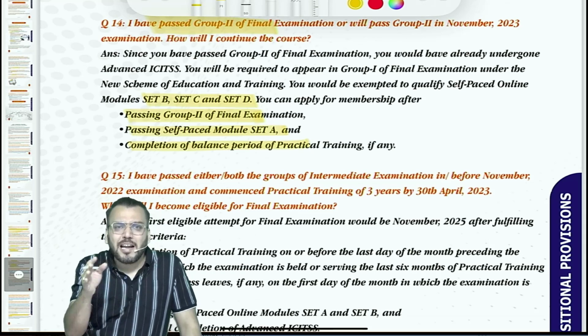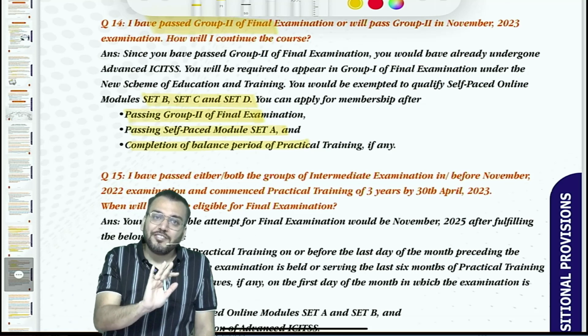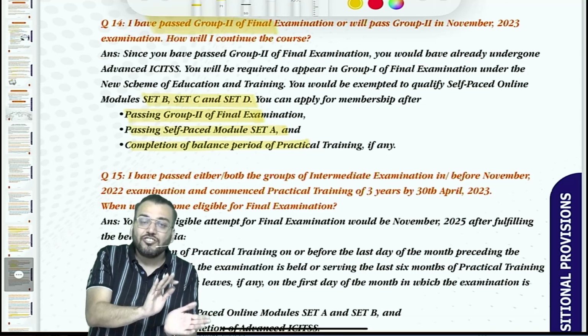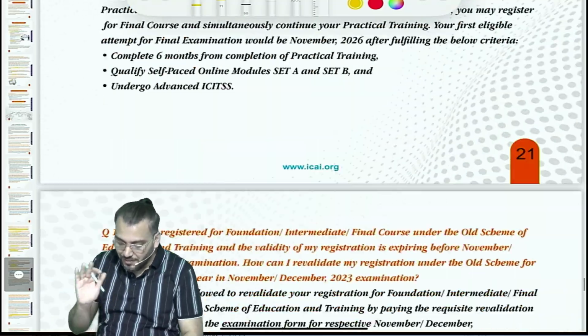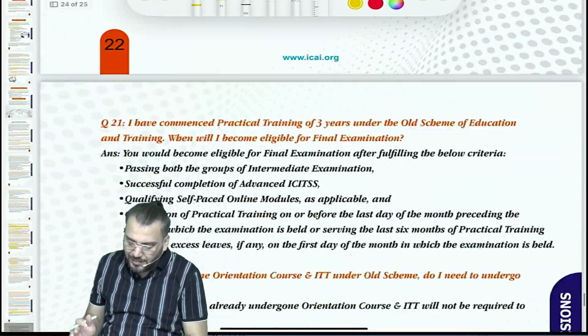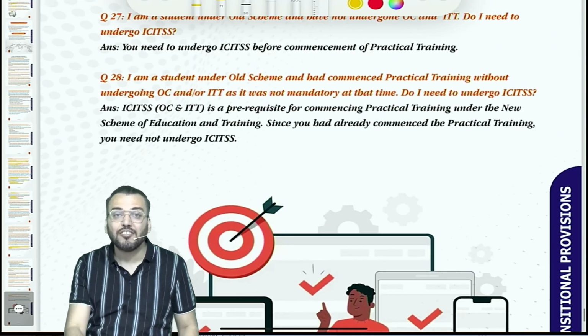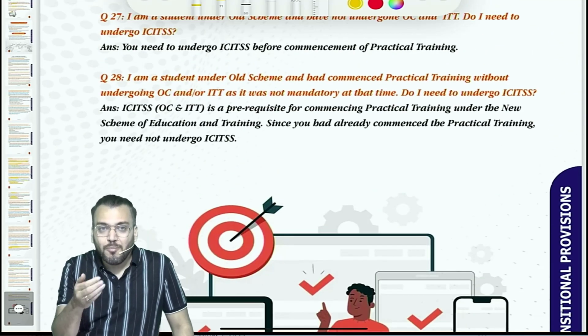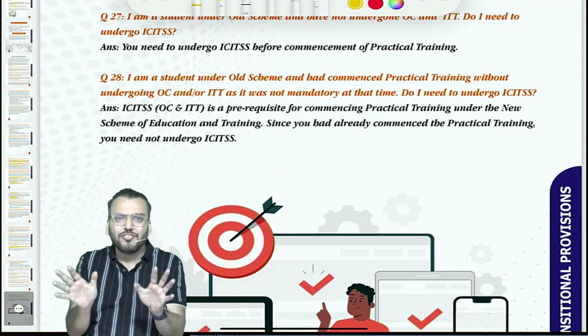And about practical training, it is very clear that you are not supposed to do 2 years; you need to complete 3 years of articleship if you have already registered for articleship under the old scheme. Got it? Yes sir. I think overall you have got an idea. These are some frequently asked questions where, from my point of view, a clarification was required, and I hope you have understood overall.